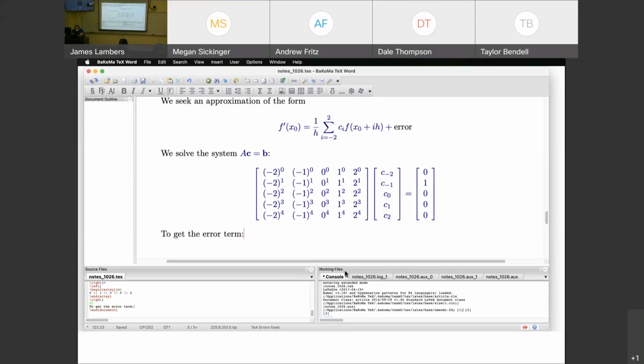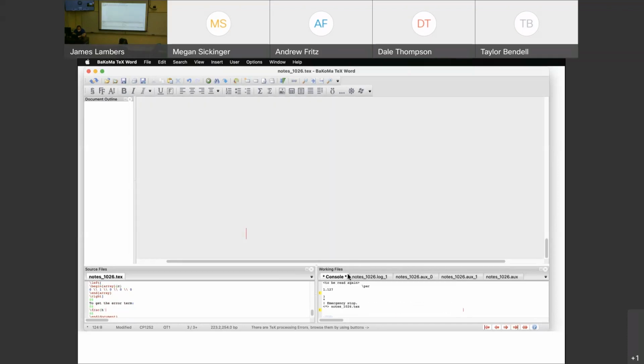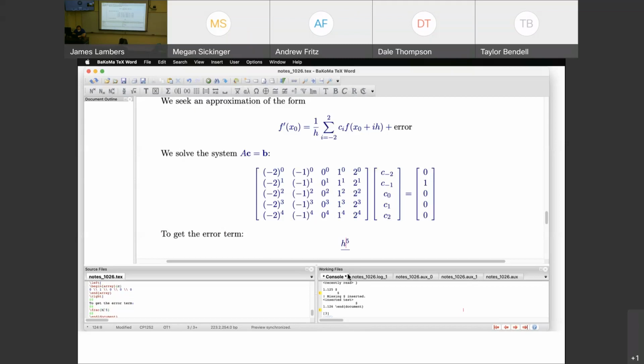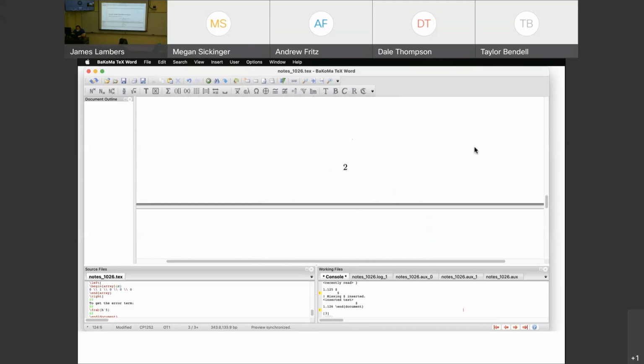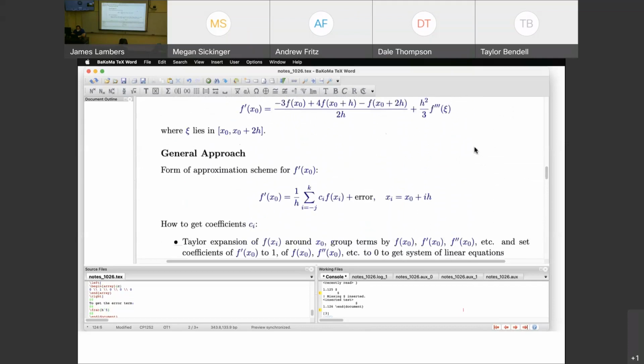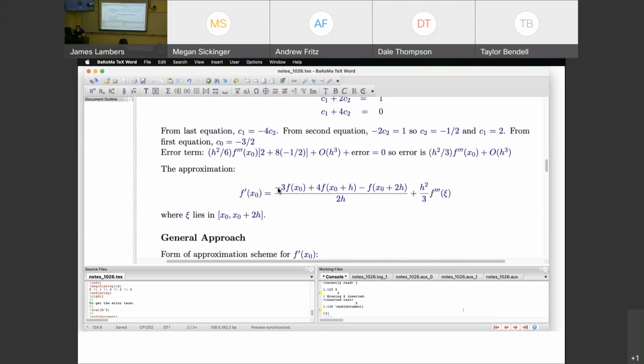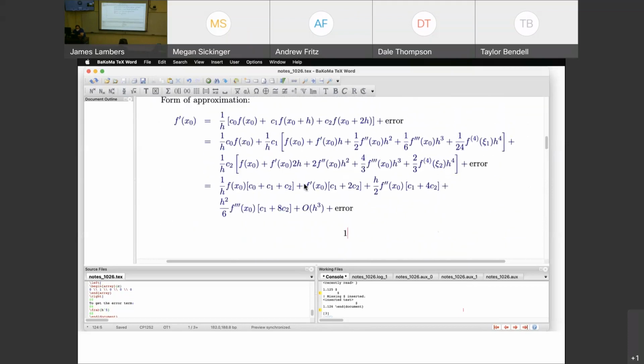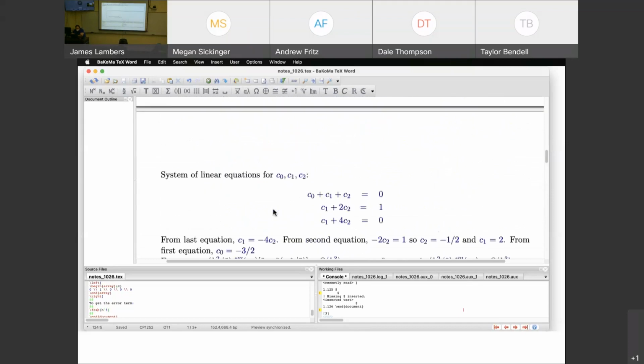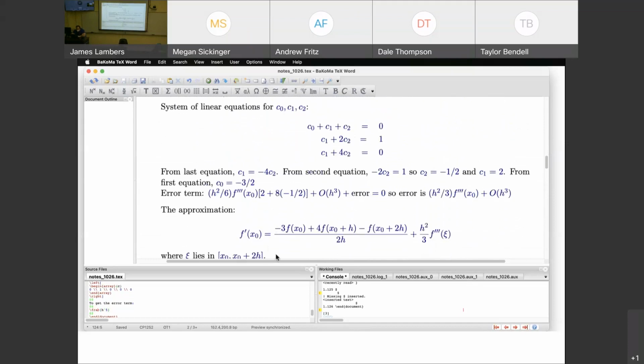So the next term in the Taylor expansion will lead to the error term. I want to show you what this is based on. Same idea as what we had here. Notice we have third derivative. Now third derivative is normally associated with h cubed over 6. But we have this 1 over h out front, which is why this is only h squared out here.